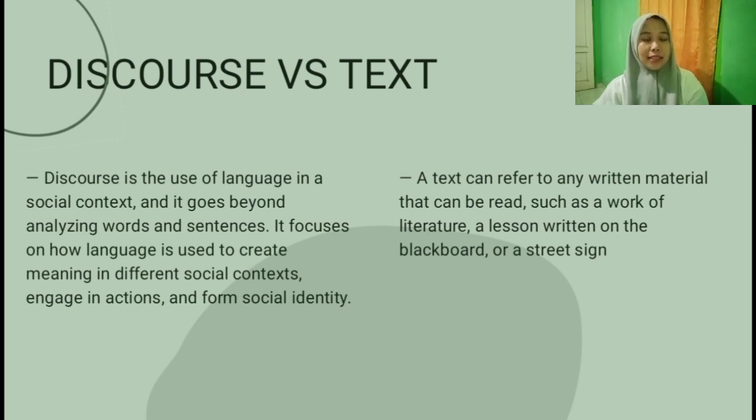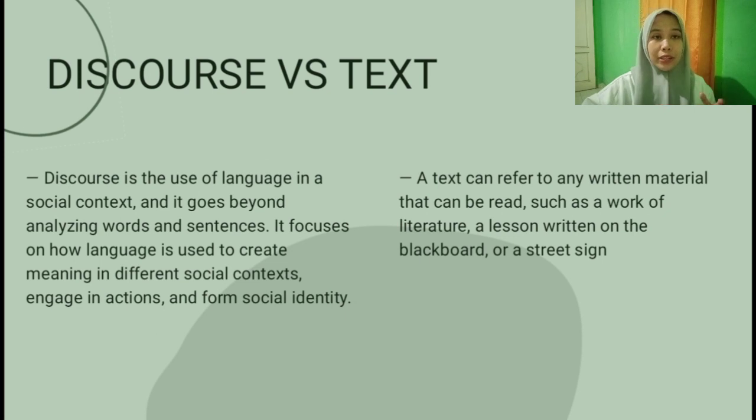While a text can refer to any written material that can be read, such as a work of literature, a lesson written on the blackboard, or even a street sign. It is a coherent set of signs that transmit some kind of informative message. In literary studies, text usually refers to written materials.